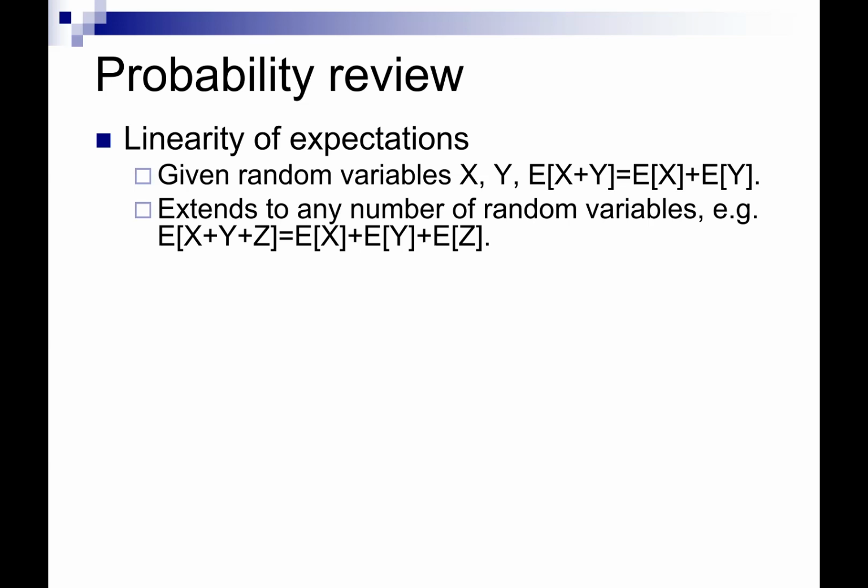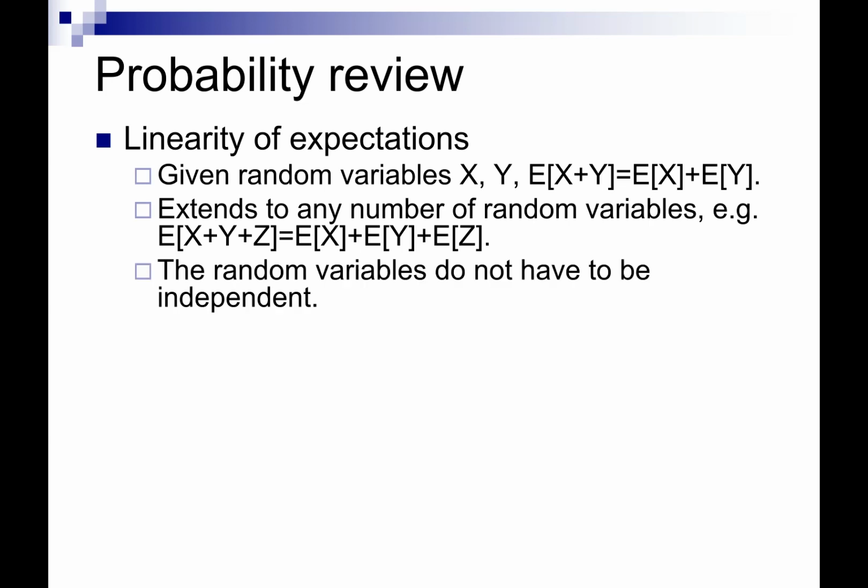All right, so linearity of expectation actually extends to any number of random variables. You don't just have to have two random variables. You could have 3 or any number of random variables. In any case, the expectation of the sum of these random variables is always equal to the sum of the expectations of the individual variables.